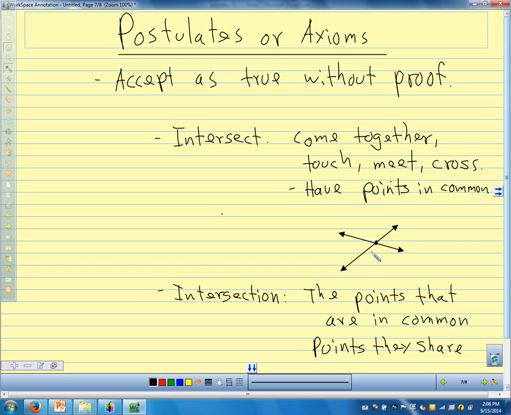So the intersection of these two lines that intersect is this point. So intersect means they meet. Intersection is where they meet. And the first several postulates that we talk about have to do with intersections. All right, are we good with intersect and intersection? Okay.